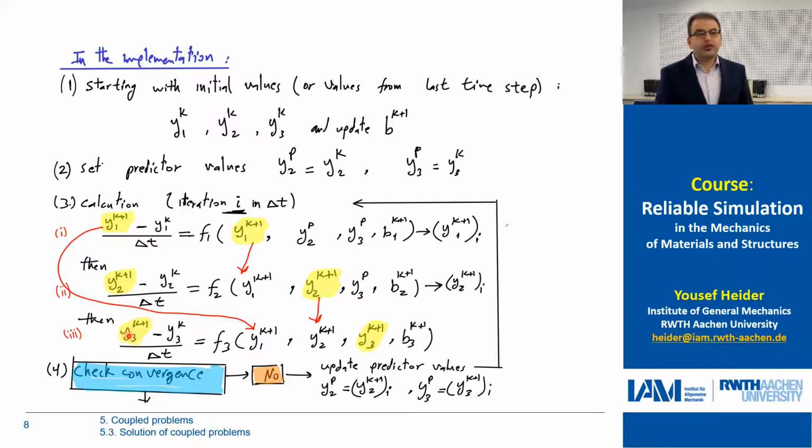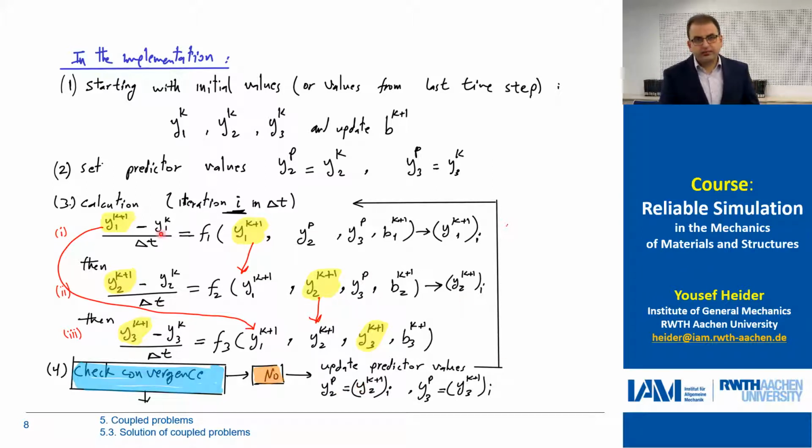After solving these three equations, we can check the convergence. Usually, this corresponds to the errors or to the value of the residual. If our residual gives us values below the tolerance, then we have convergence. Otherwise, if the error is still big, it means we have no convergence.